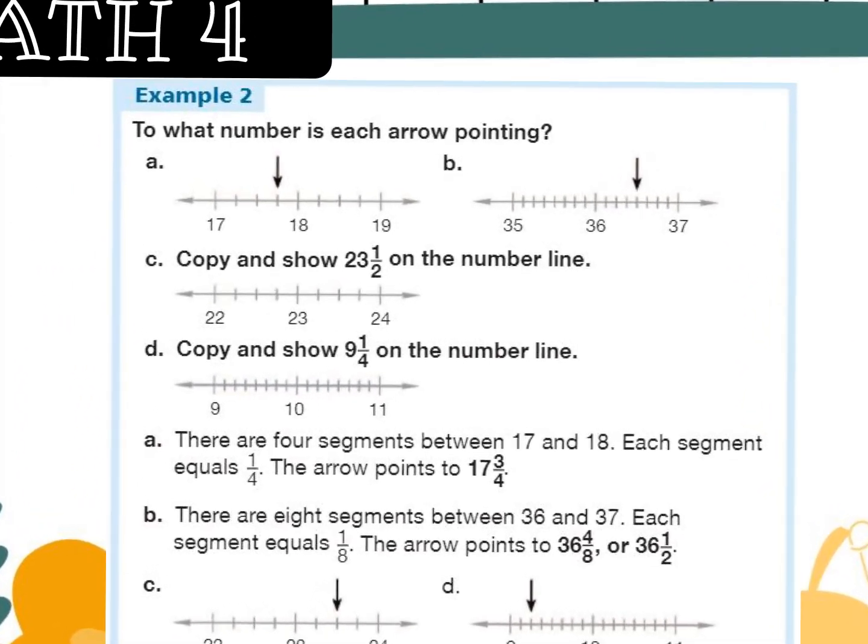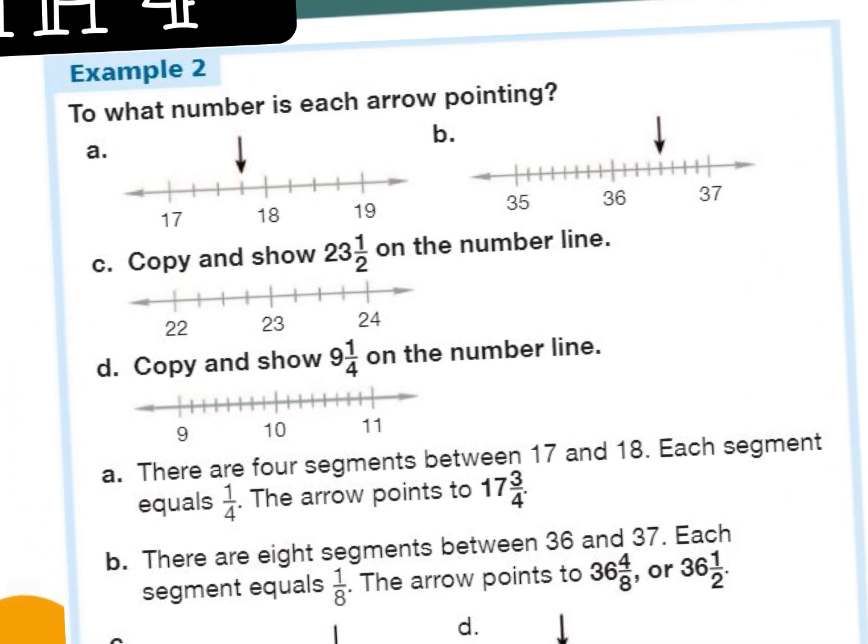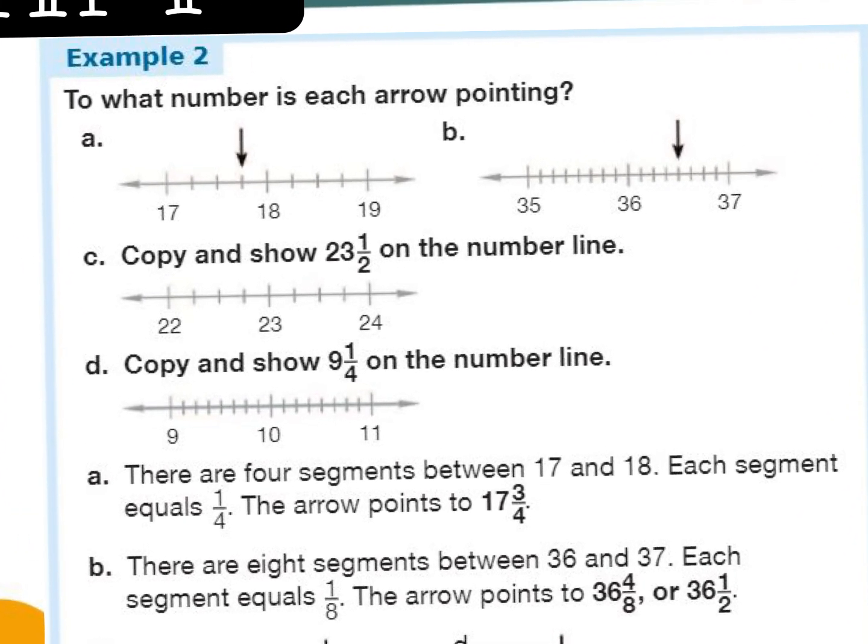Example 2. To what number is each arrow pointing? Let's look at A. I'm between 17 and 18. So what would my whole number be, Braden? 17. And I have 1, 2, 3, 4 segments. So 3/4. Very good.